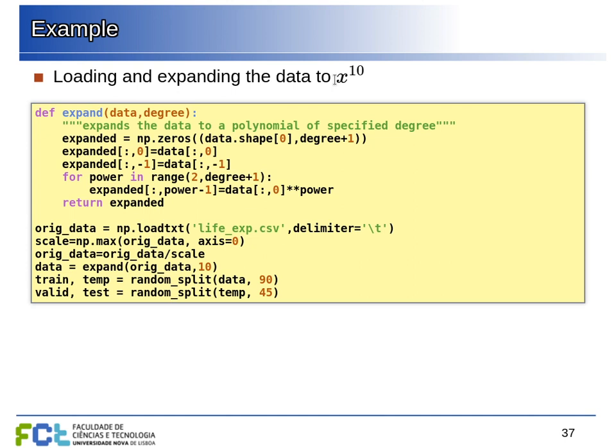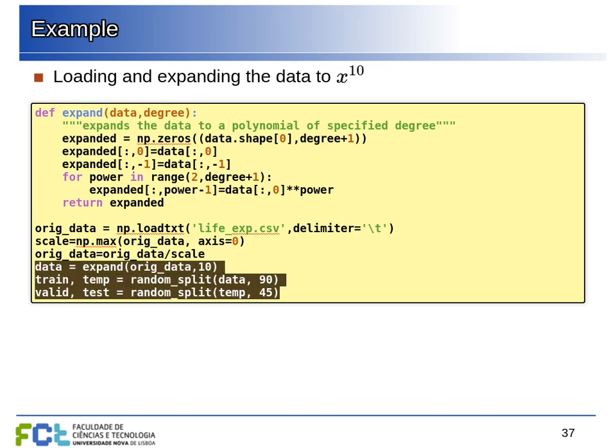So let's do the expansion to x raised to the 10th power, using a degree of 10 here. This will give us now for our data, for the x, all the values x raised to the power of 1, x raised to the power of 2, and so on, all the way to x raised to the power of 10. And we'll use those 10 values to predict the target value y on the ridge regression.